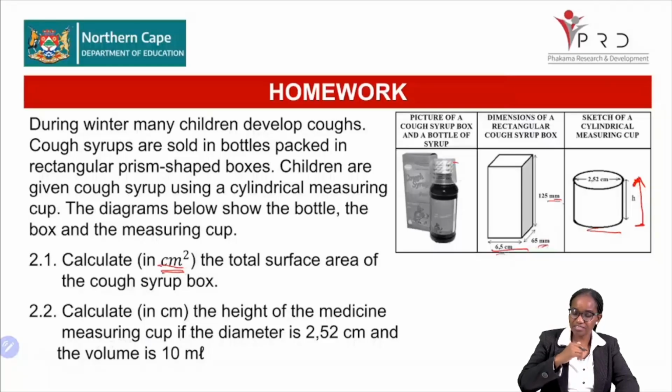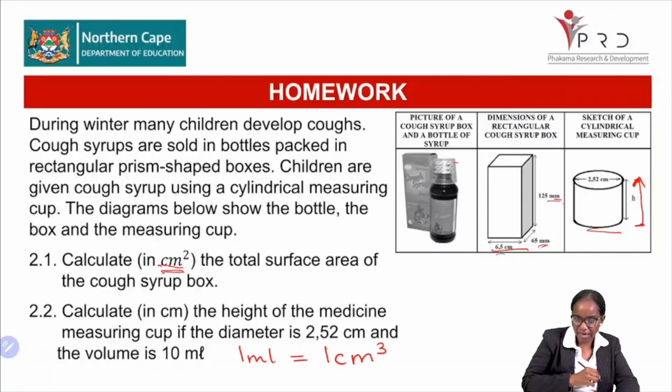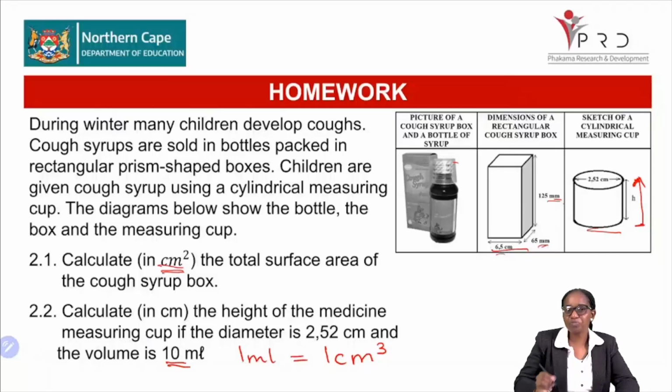How do you change your milliliters to cubic centimeters? Remember, 1 milliliter is equal to 1 cubic centimeter. So you will be able to change the volume of that measuring cup into cubic centimeters using the capacity of 10 milliliters. That's where the trick is. I hope you'll be able to do that with your colleagues.